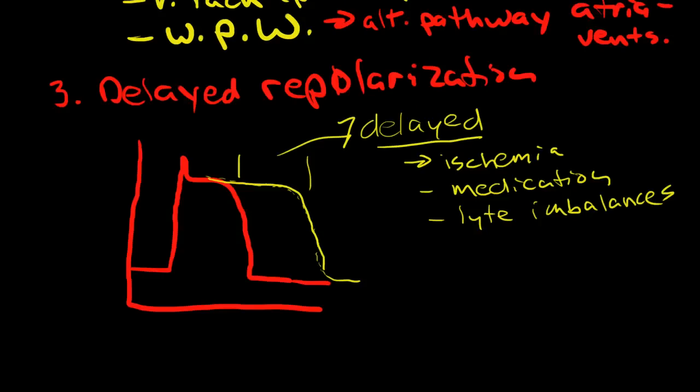So you will note this on an EKG by, all right, let's draw the little EKG here. So we've got our P wave, normal PR interval, QRS complex, and then a very long delay before repolarization. So this is what's called a prolonged QT interval.